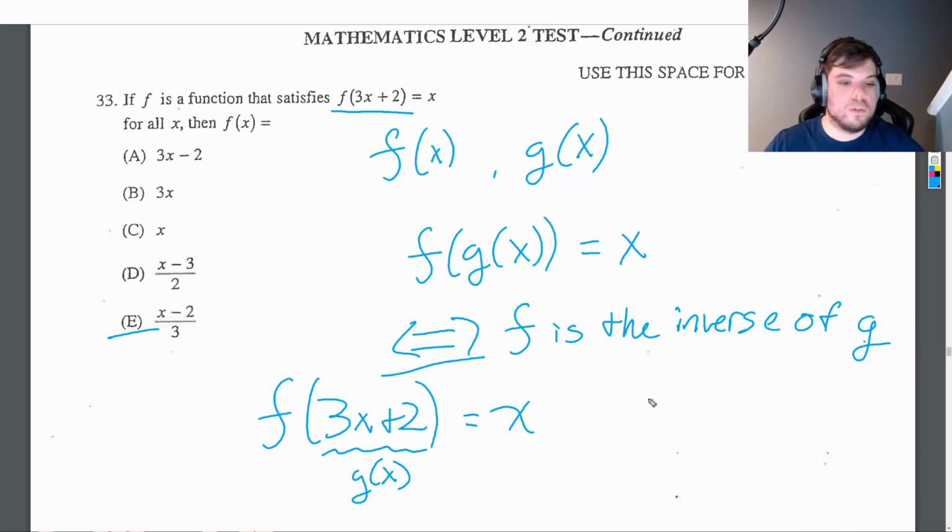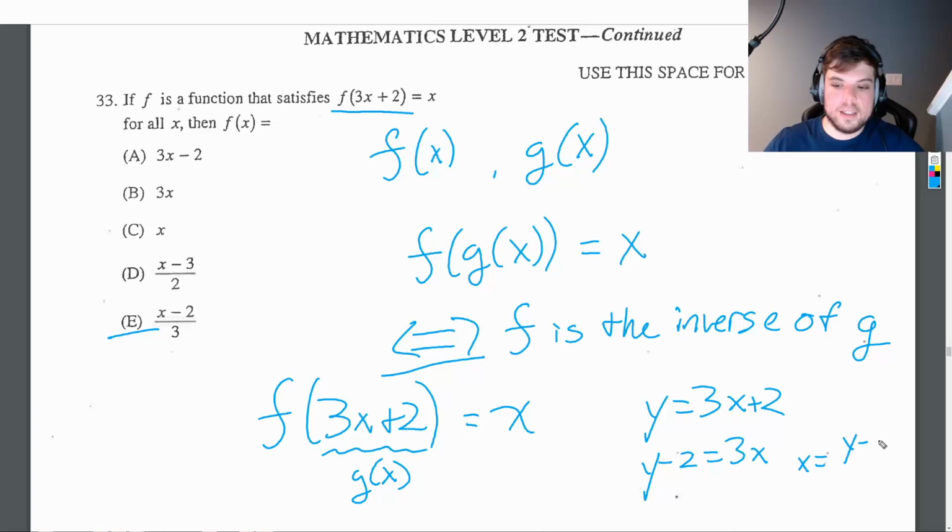So how do you find the inverse of 3x plus 2? Well, you set 3x plus 2 equal to some other variable, maybe y, and you solve for x. So y minus 2 is equal to 3x, and therefore x equals y minus 2 divided by 3.